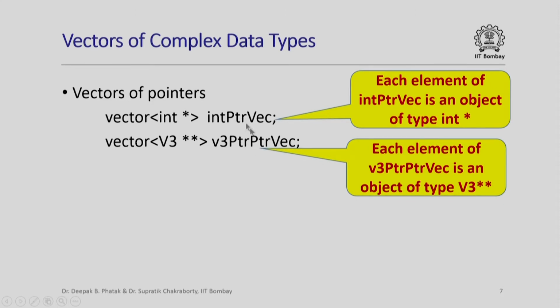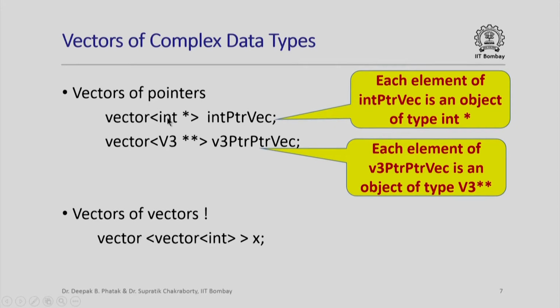Recall that when I declare vectors like this and do not specify their sizes, this vector object gets created with default size 0. So, in both of these cases I have basically created two vectors of size 0. However, this is a vector of integer pointers and this is a vector of V3 pointer pointer.